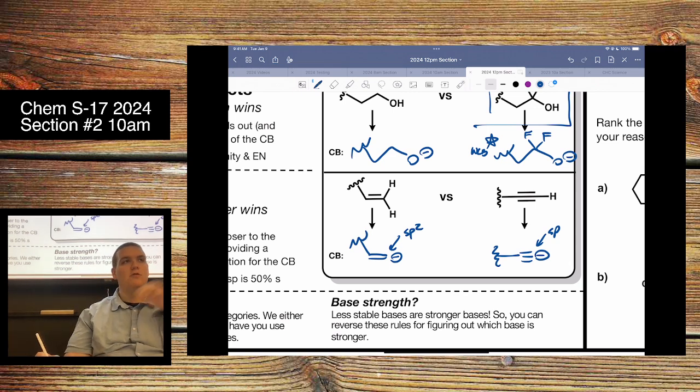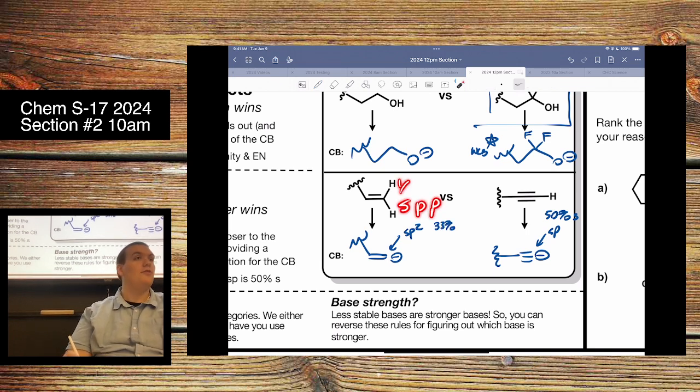So in an sp orbital, what percentage of that sp orbital is S? 50. It's 1 part S, 1 part P. So this is 50% S. And then for sp2, what's the percentage S character there? Yeah, it's like 33%, because it's 1 part S, 2 parts P. So it's like 1/3 of it is S.